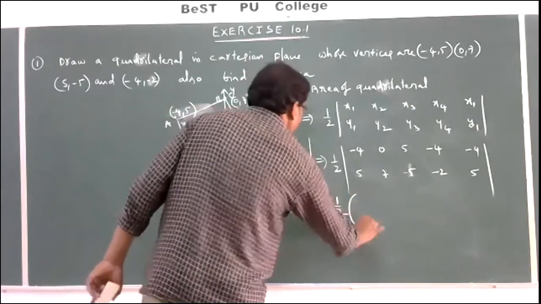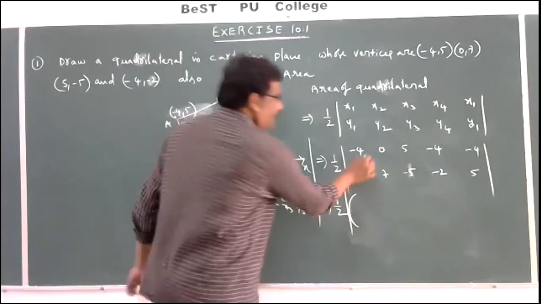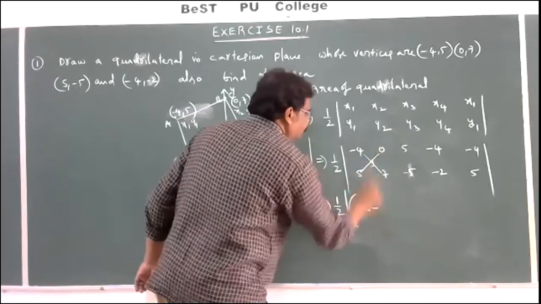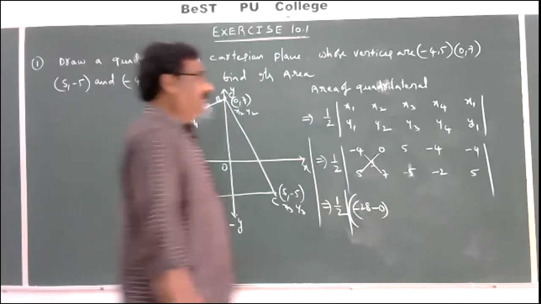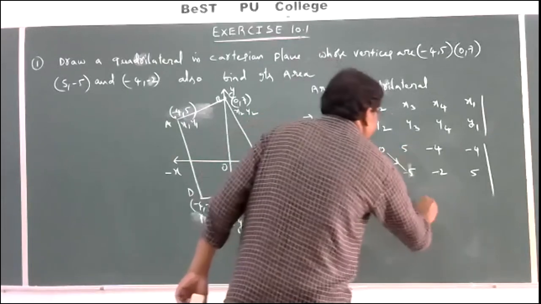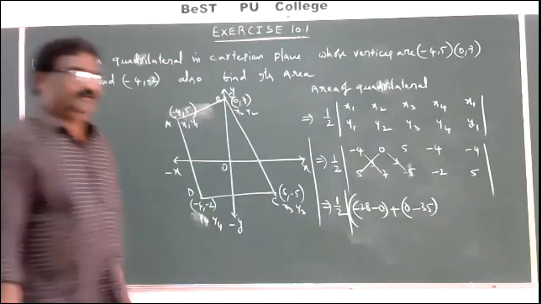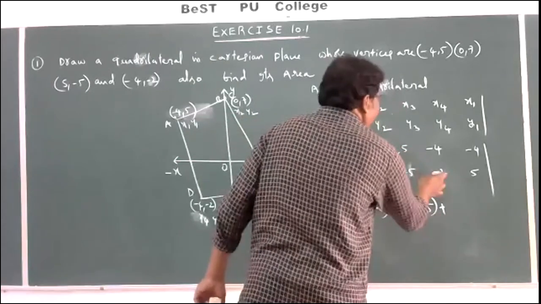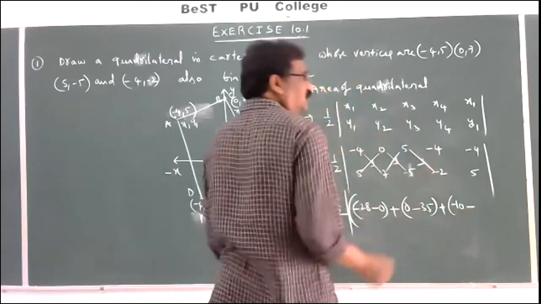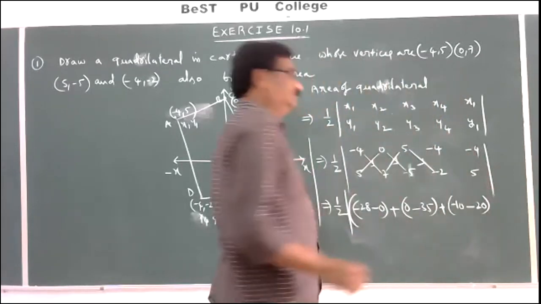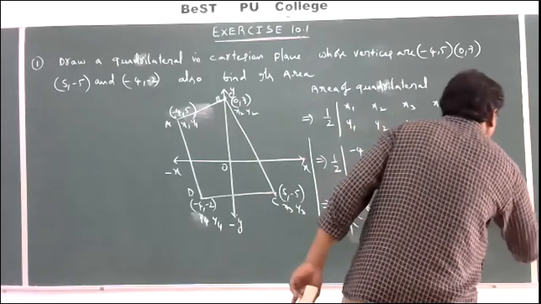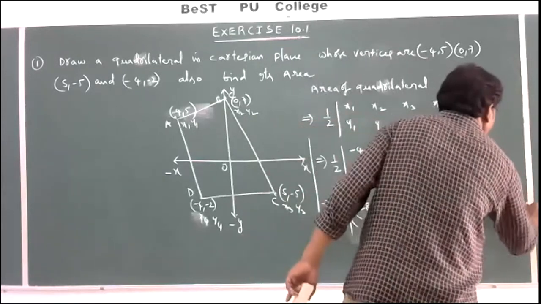That implies one by two into mod, multiplying like this: first minus 4 into 7, minus 28; minus 5 into 0, 0; plus 0 into minus 5, 0; minus 7 into 5, 35; plus 5 into minus 2, minus 10; minus 5 into minus 4, that is 20; plus 20; then minus 4 into 5, minus 20; minus 2 into minus 4, that is plus 8.